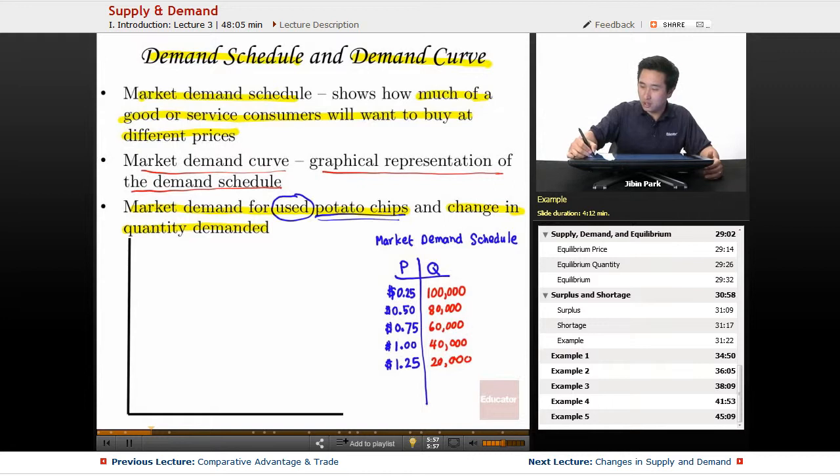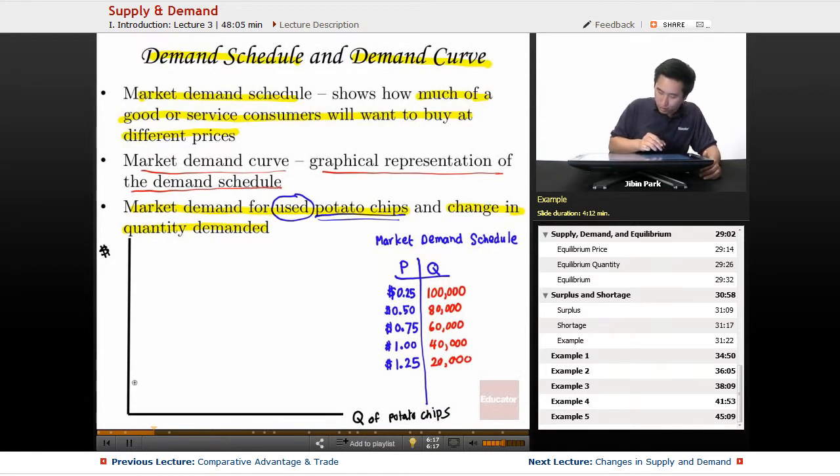Now, how is that going to look on a demand schedule here? You're going to have price on the y-axis, and you're going to have quantity of potato chips. You want to put the right labeling here, so we're going by 25 cents, 50 cents, 75 cents, $1, and then $1.25.